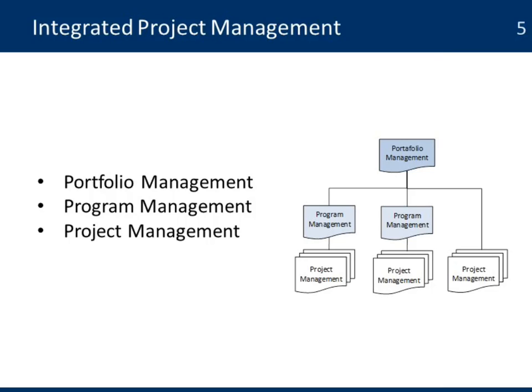One of the important elements of integrated project management is the idea that within the organization, there is this view of project management, program management, and portfolio management. All of these components are part of the efforts the organization is doing in order to reach its vision.